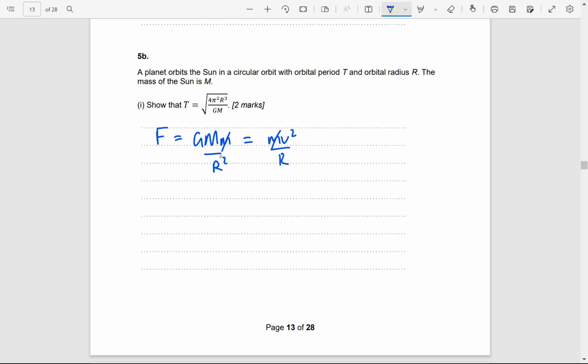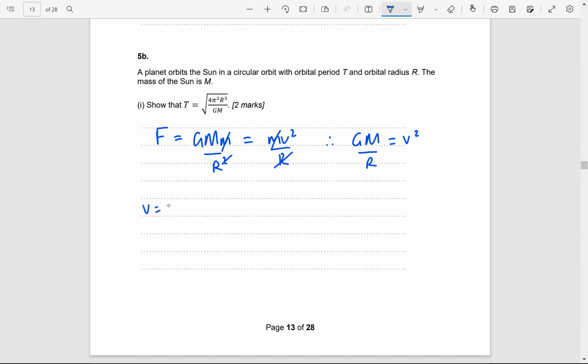We can cancel the little m's and we can cancel an r. So we can say that GM over r equals v squared. Now, I know where your 4 pi squared bit came from, but you didn't show that, okay?